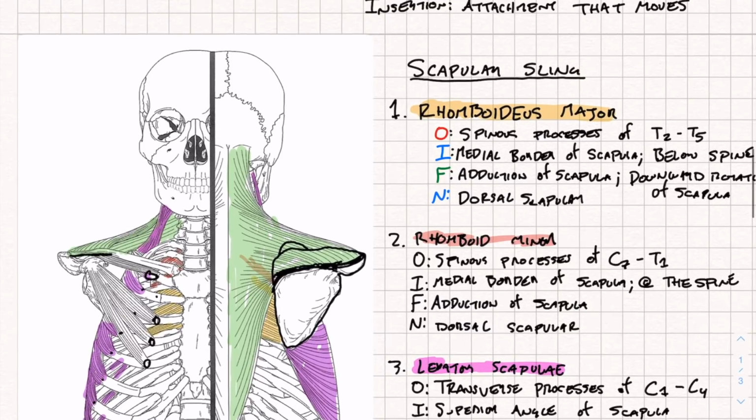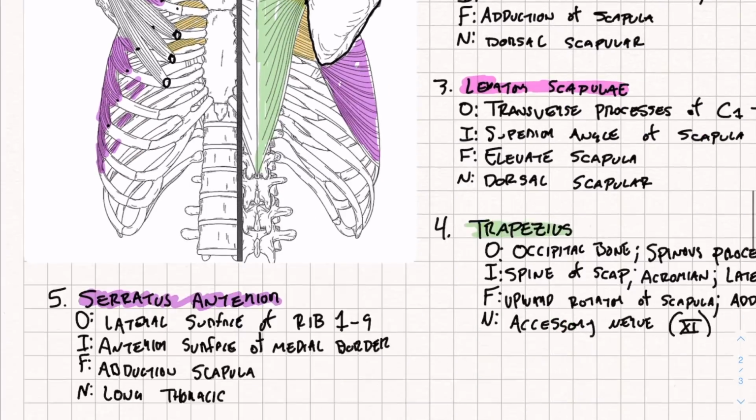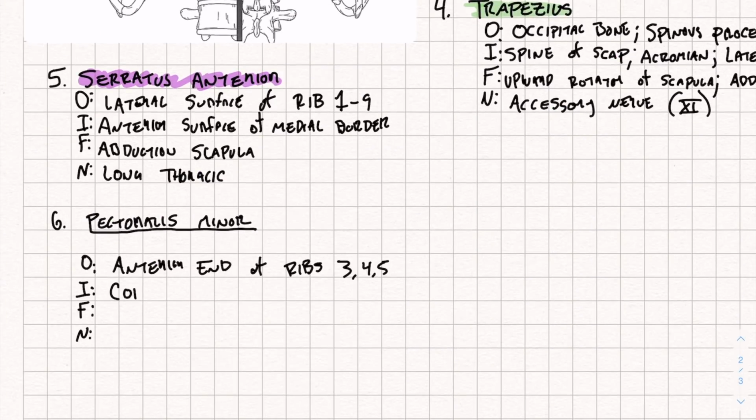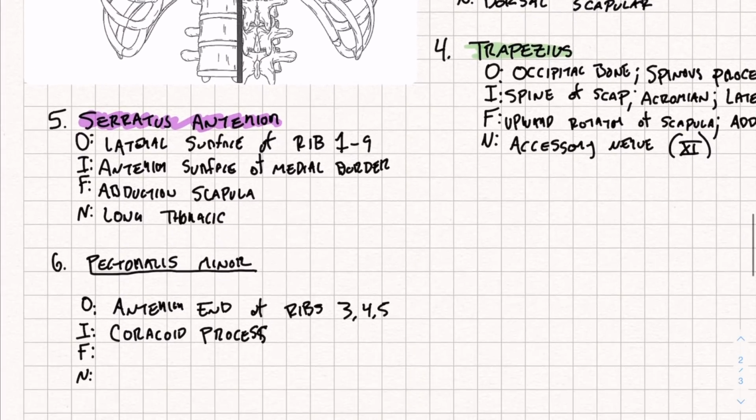And it inserts, we can see where it's inserting onto this landmark of the scapula. That's that coracoid process. So since this muscle is more anterior, this can kind of pull that scapula out and assist with some abduction.